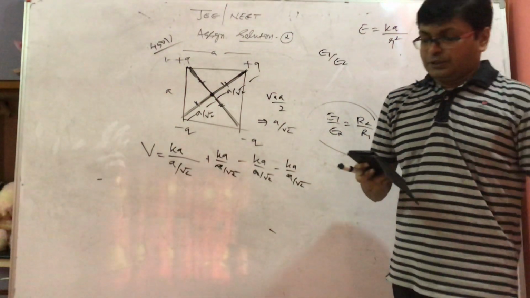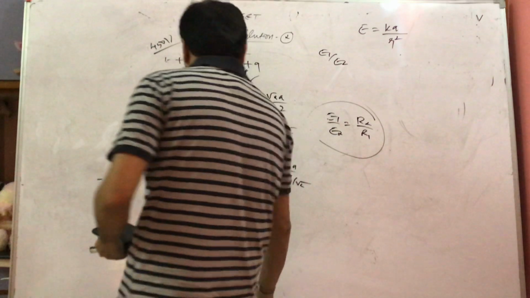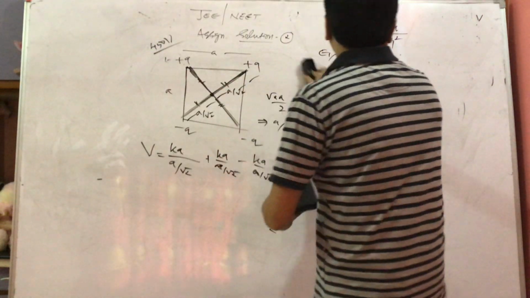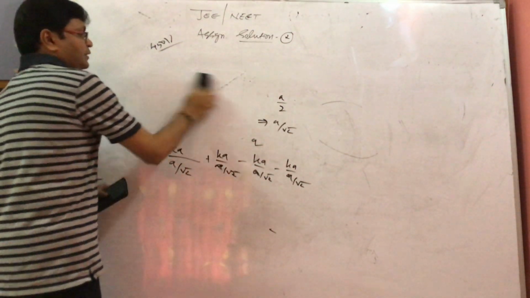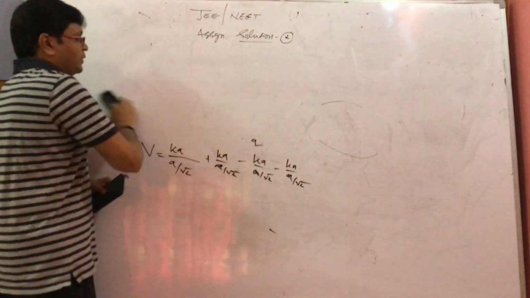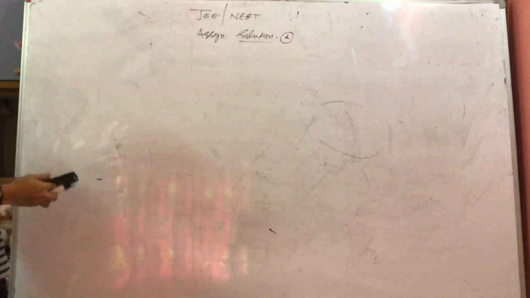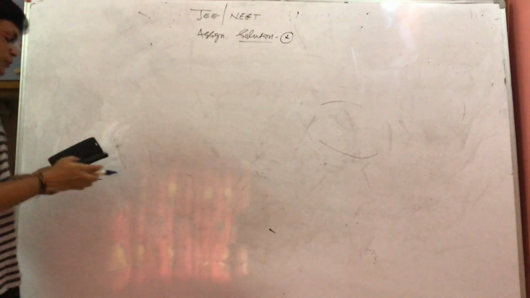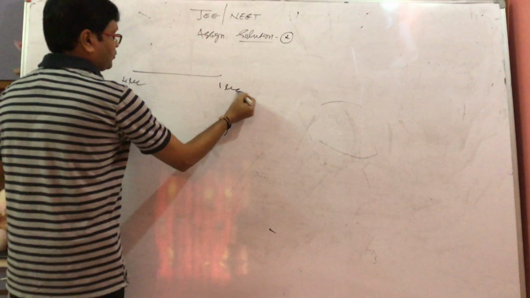Fifth number, a point P is 25 meter away from a 1 microcoulomb charge. So we discuss the fifth number. Friends, you can see that if you have basic conceptual power and formula power, then these applications become very easy. There are two charges, 4 microcoulomb and 1 microcoulomb.